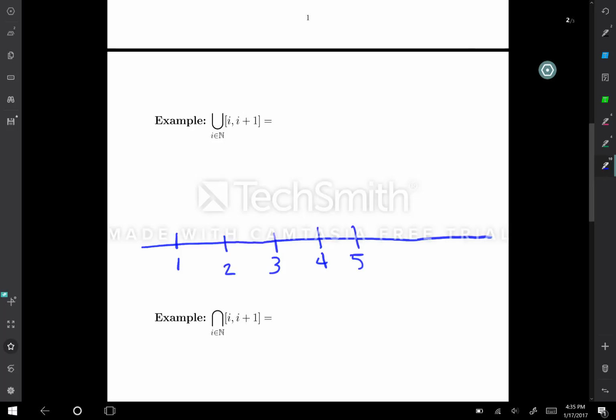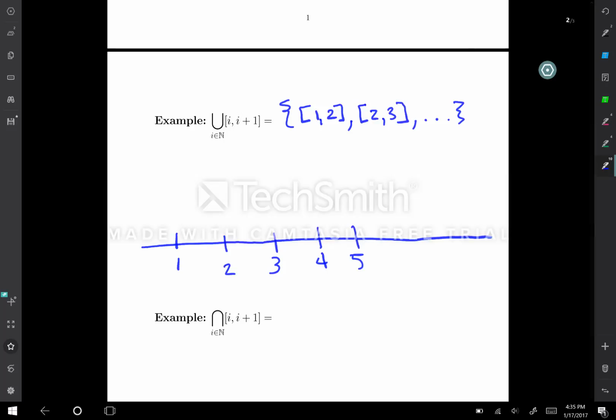So the first number in our index set, the first natural number, would be 1. So this would be the set from 1 to 1 plus 1, which is 2. So that's our first interval. Our next interval would be, with the next natural number 2, from 2 to 3, and so on. This would continue forever.